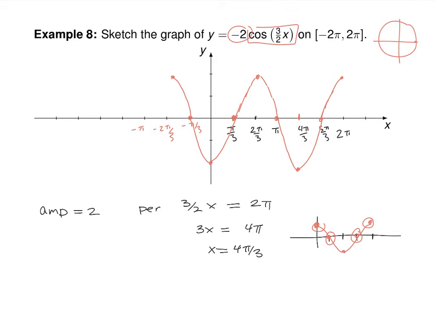By negative pi, you're back at 0. At negative 4 pi thirds, you'll be at -1. Negative 5 pi thirds, you're back at 0. And negative 2 pi, you're back at +1.